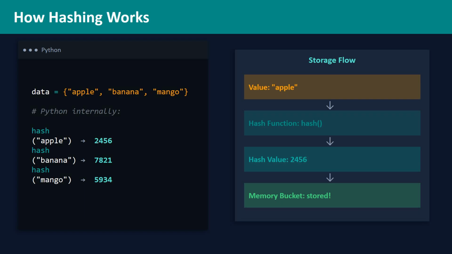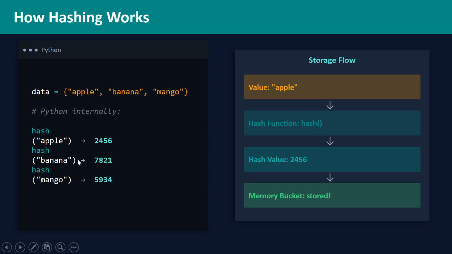If the numbers are the same, we say they are duplicate values, so it is going to remove it. If it is different, for example banana has a different code, 7821 versus 2456, then they are unique values. If they have the same hash code, they are duplicates. Similarly, mango has a different hash code, so all are different values.